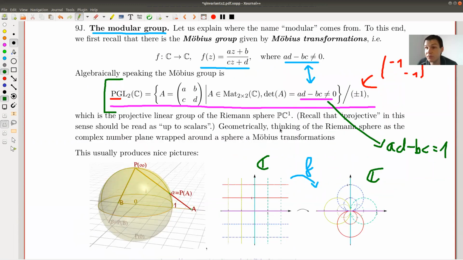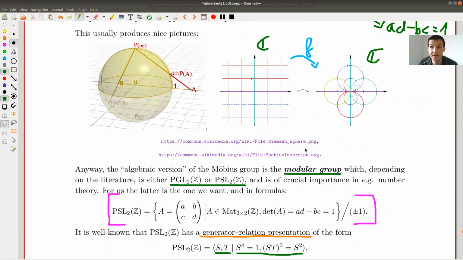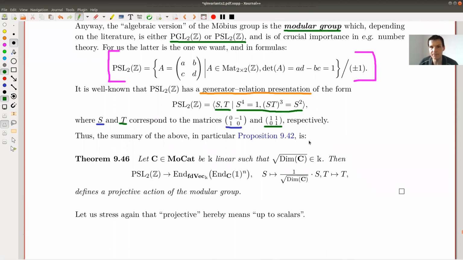And even if I was too quick and you have never seen Mobius transformations before, it doesn't really matter. There is some geometry, and nice geometry usually ends up in nice formulas. Algebra is always a bit random. You never really know what you get, but nice geometry should end up in nice formulas.